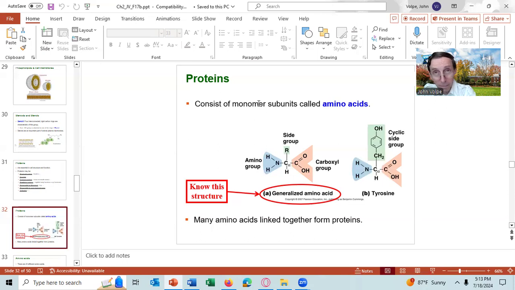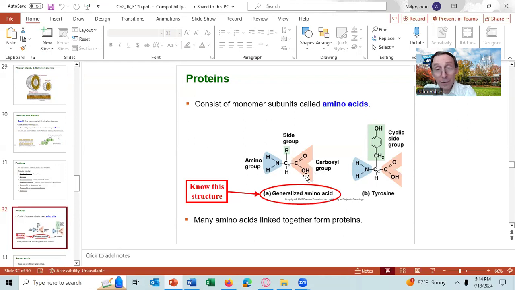But there is one bacteria that actually has 23 different amino acids, and you don't need to know that, so don't write it down. I won't quiz you on that.